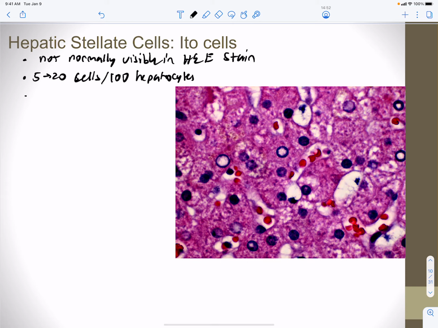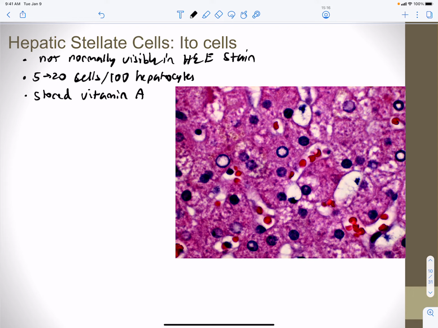They are going to be storage for vitamin A. So this is where they are going to be stored. They are lipid filled. Remember, vitamin A is fat soluble. They are shown in this picture as being fat-laden cells in the space of Disse.